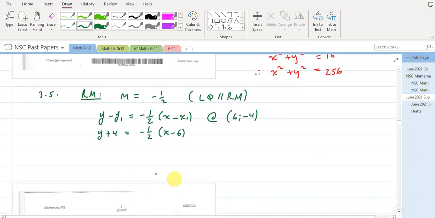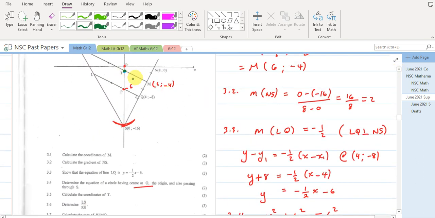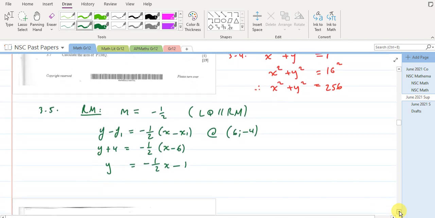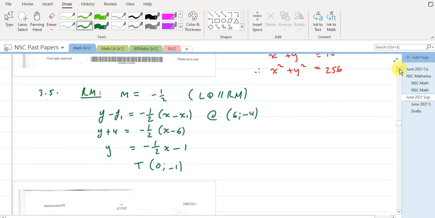And if we solve for this, we should get y is equal to minus half x, we can see we're getting minus half times minus 6, which is 3, and 3 minus 4 is equal to minus 1. So if we make x 0, then you can find the coordinates of t, which is 0, minus 1. Therefore, the coordinates of t is 0 and minus 1.